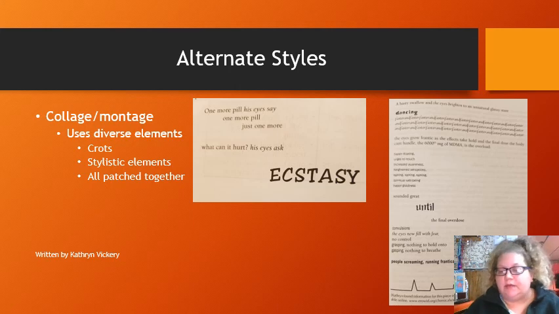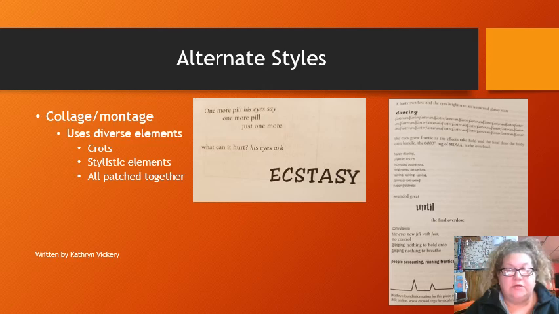And I'm going to turn my camera off for just a second so that you can see all of the second page. This is what is known as a collage or a montage. It uses diverse elements such as crots, which are basically little bits and fragments.